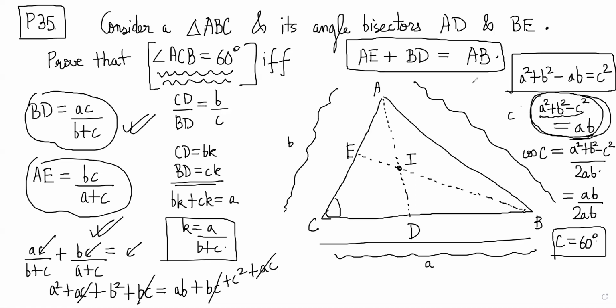Basically just reverse all the steps. Start from here and go back and reverse all the steps, and you can prove that this plus this is equal to AB. So both sides can be done. That is not an issue here, as long as you understand how to do either one side.